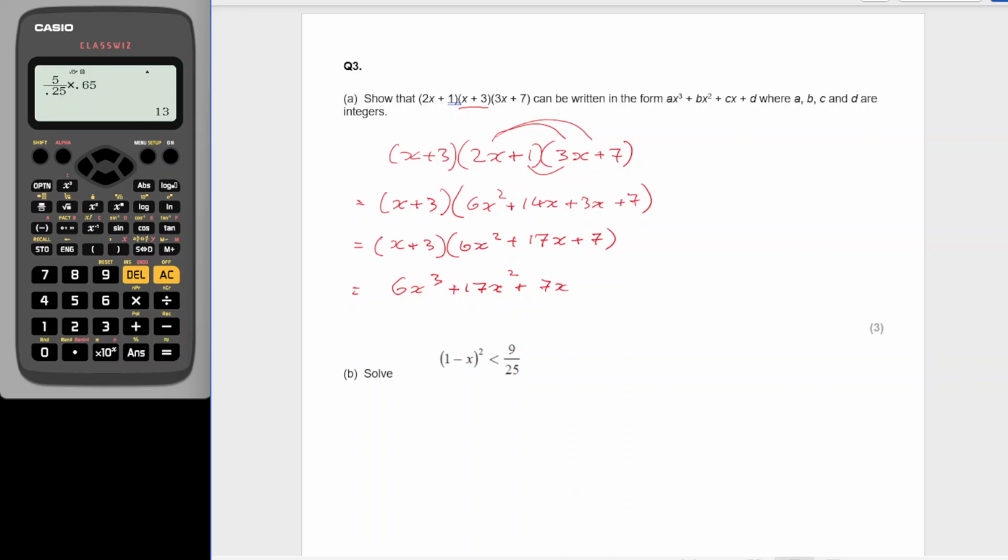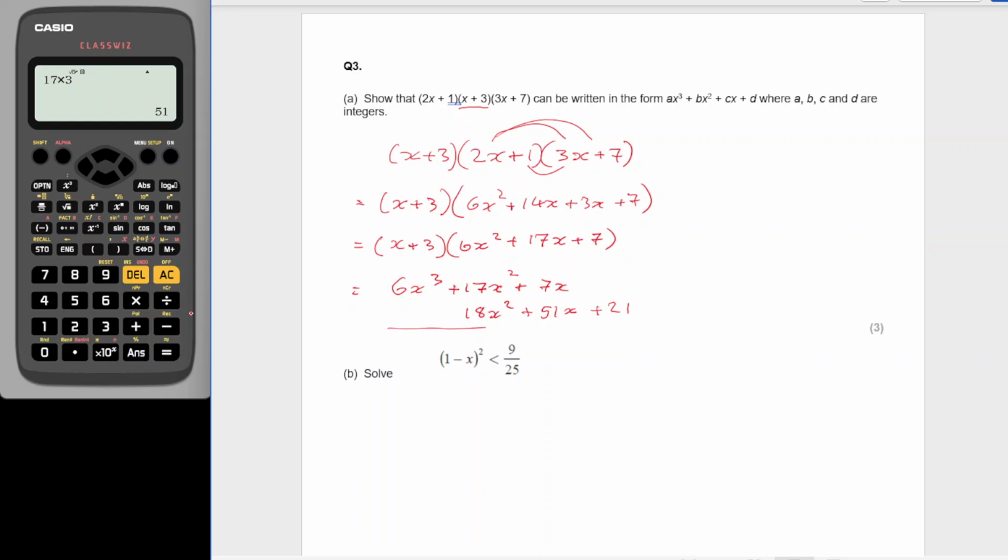Now, if I times everything in this bracket by 3, 3 times 6x squared would give me 18x squared, and I write that underneath my other x squared. 17 times by 3 is going to give me 51x. And then 3 times 7 is going to give me 21.